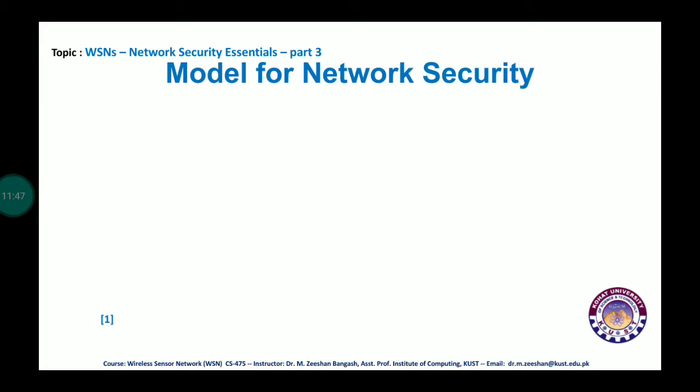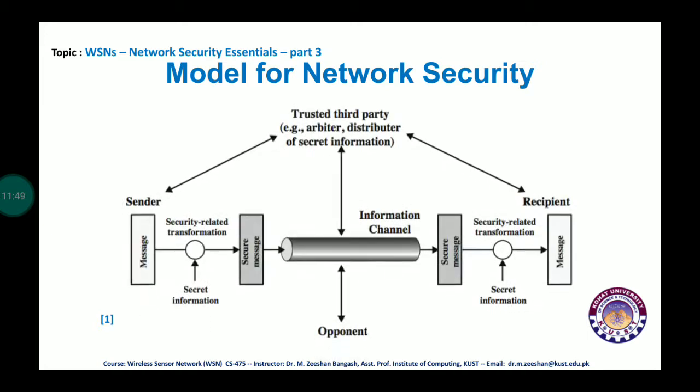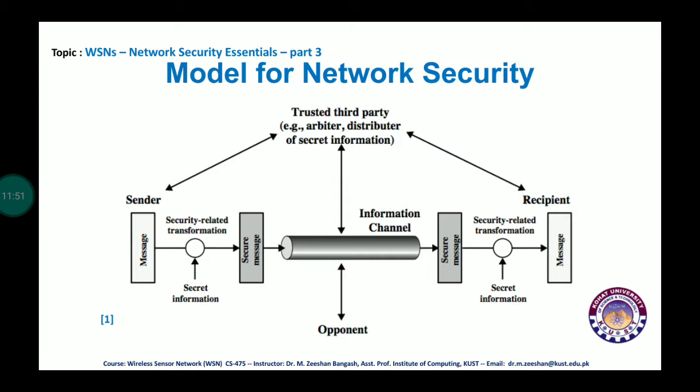Now, in considering the place of encryption, it is useful to follow two models. The first is shown in the figure. Information is being transferred from one party to another over an insecure communication channel in the presence of some possible opponents or intruders. The two parties who are principals in this transaction need to cooperate for the exchange to take place.